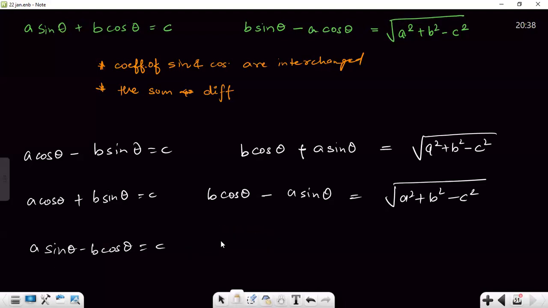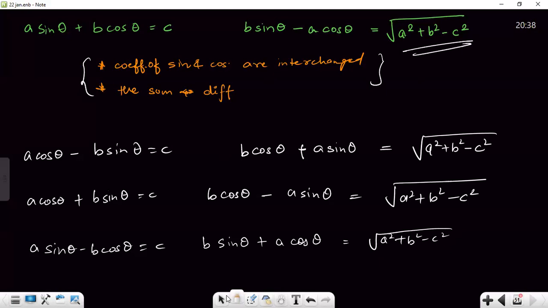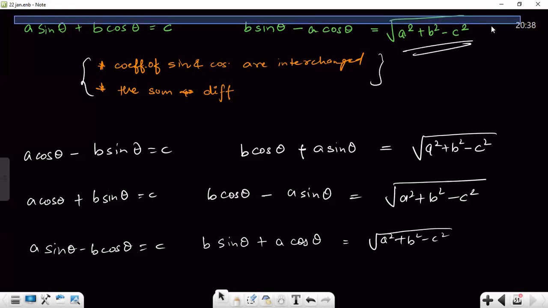The sin theta's coefficient will be changed. Sin theta's coefficient will become B, the minus will become plus, and cos theta's coefficient will be A. So A cos theta plus B sin theta is equal to square root of A square plus B square minus C square. Basically, this is the concept, and the right hand side will be square root of A square plus B square minus C square. Observe, this is very easy to remember.